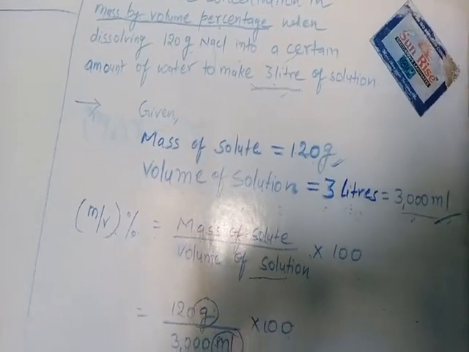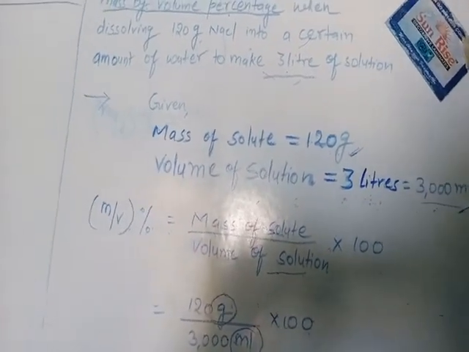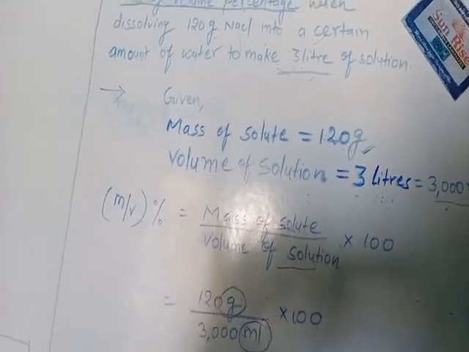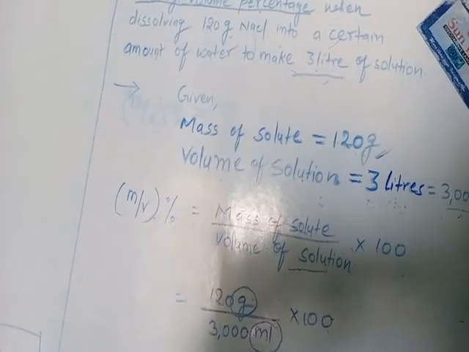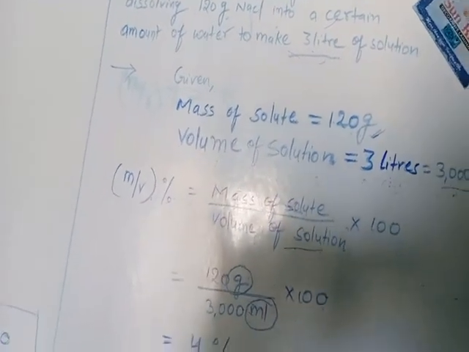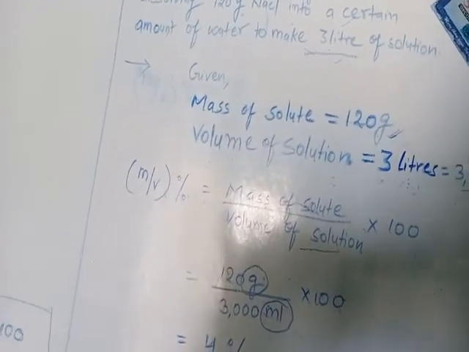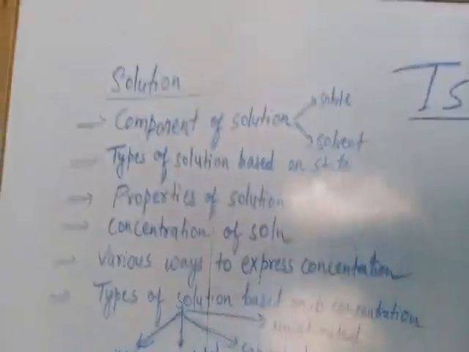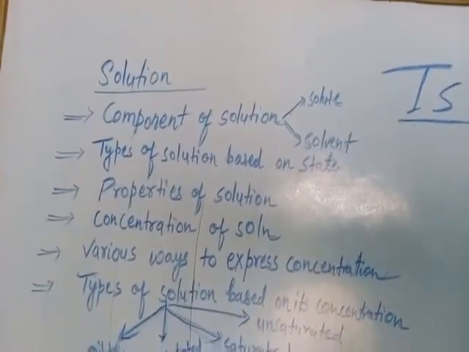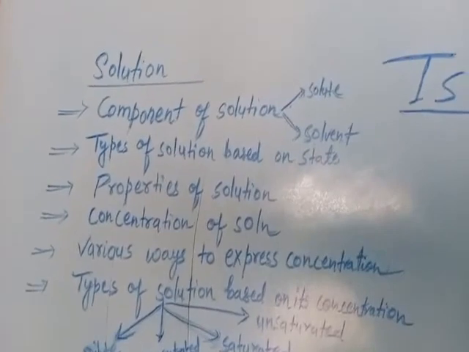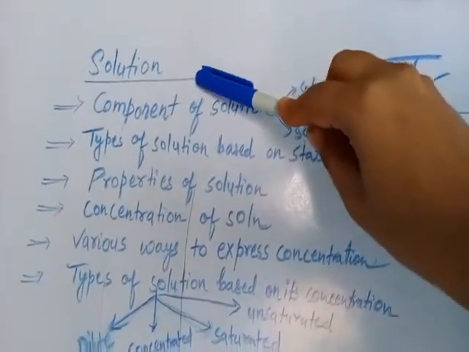So like that you can have different examples also by which you can calculate the concentration of solution either in terms of mass by mass percentage or in terms of mass by volume percentage. So till now we studied the one form of homogeneous mixture, that is a solution.